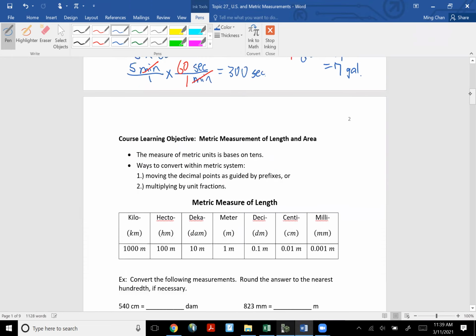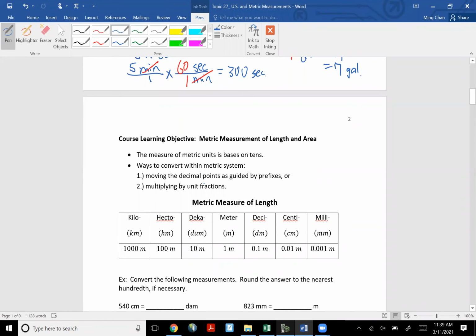Now, when it comes to conversion of metric, dimensional analysis works for certain problems. It doesn't quite work for certain ones. So the ways to convert within the metric system: if you are converting from one metric length to another metric length, then you can either move the decimal point as guided by its prefix, or you can multiply by unit fractions.